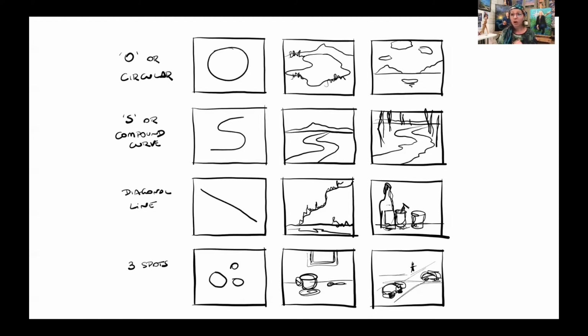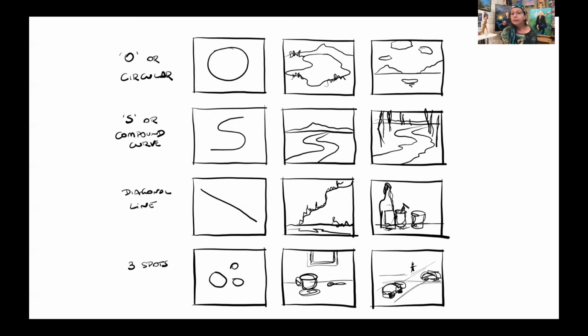I do that on my marshes a lot. This one is not as explicit, but you can see what I mean, right? So that's a very easy to use shape, and it is effective.